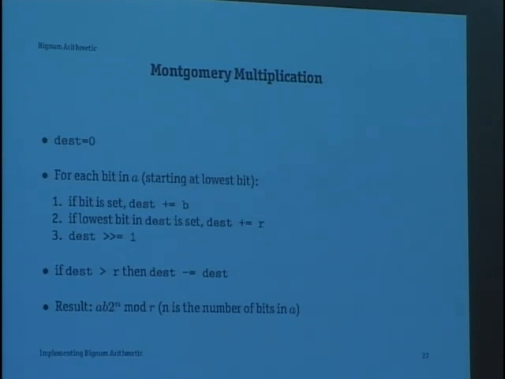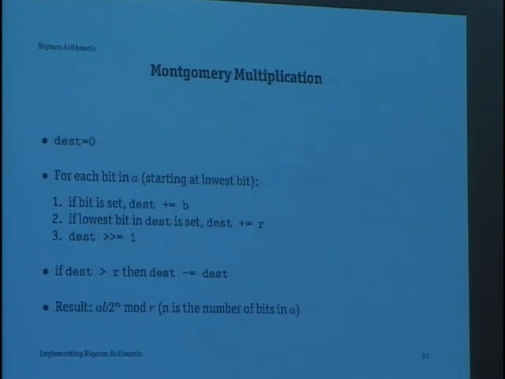So the trick involved is that you get a different result, but getting that result back to what you actually wanted is cheaper than doing it right in the first place. In the end, you just have a loop that shifts all the time, and if the temp number is odd, then you add the modulus. So you know the lowest bit is 0 again, and then you can shift it out. Right, so this is deceptively easy.